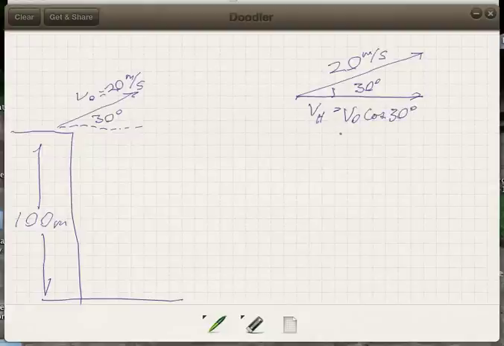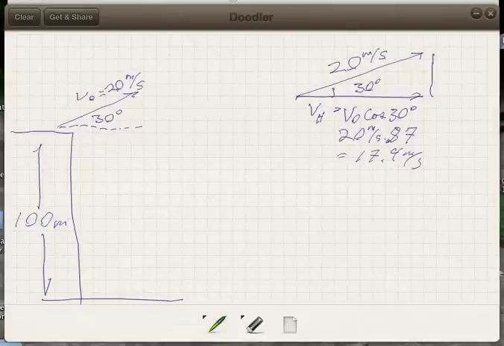And cosine of 30 I know is about 0.87. So that's about 17 meters per second? I have 17.4. And it has some vertical velocity. Then v vertical equals v0 times sine theta. Sine of 30 degrees is 1/2, so this is 10 meters per second.